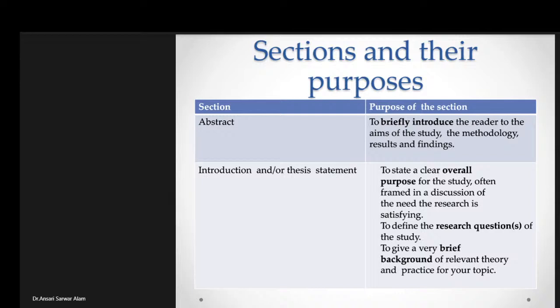Yes, my dear students, if you have written a paper but you don't know what there should be in a particular heading, on the basis of this slide you can easily understand that you are supposed to write about the aim of the study, the methodology, results, and findings.